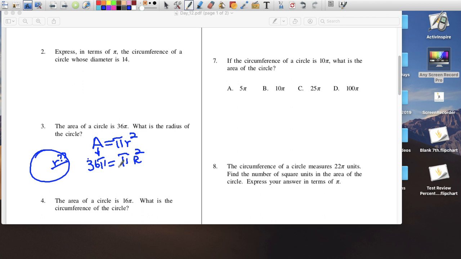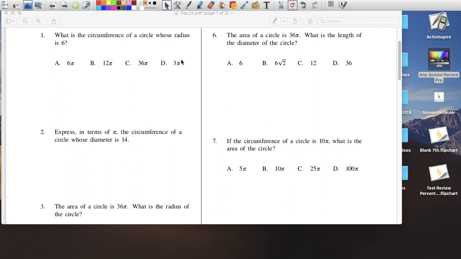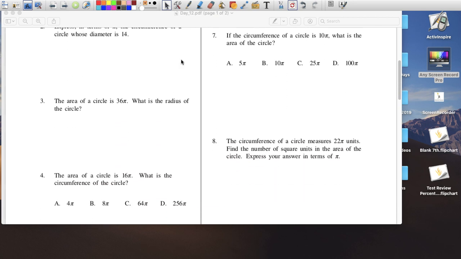Anyways, divide this side by pi, and this side by pi. The pi's cross out, so what I'm left with is 36 equals r squared. To get rid of that exponent, we take the square root of both sides. The square root of r squared is r, and the square root of 36 is 6. Did I not just do this problem? Yes, I did. Oh my god. But this one doesn't have a multiple choice.